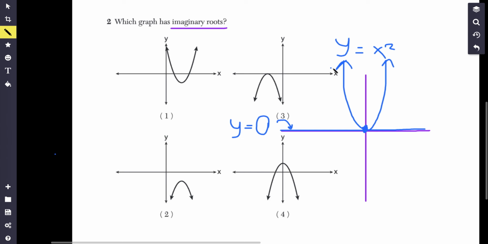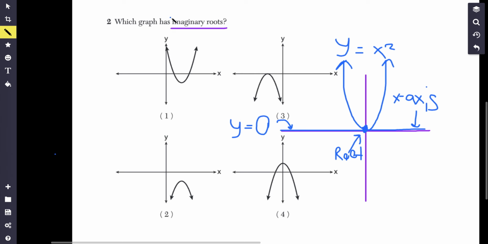And when the function touches the y is equal to 0 line, or you can also call this the x-axis, many names for it, this right over here is called the root of the polynomial, or a root of the quadratic equation.